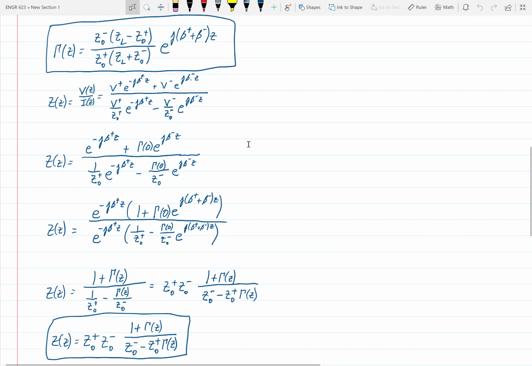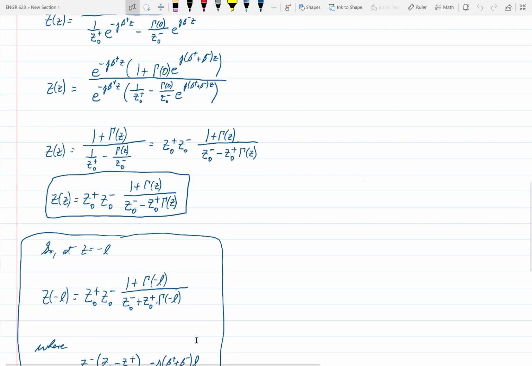So you may arrive at a different answer from me. But anyway, Z of Z is equal to V of Z over I of Z, and so we substitute our expressions for V of Z and I of Z. And then we begin just doing some algebra to try to simplify this, and ended up getting this expression for Z of Z.